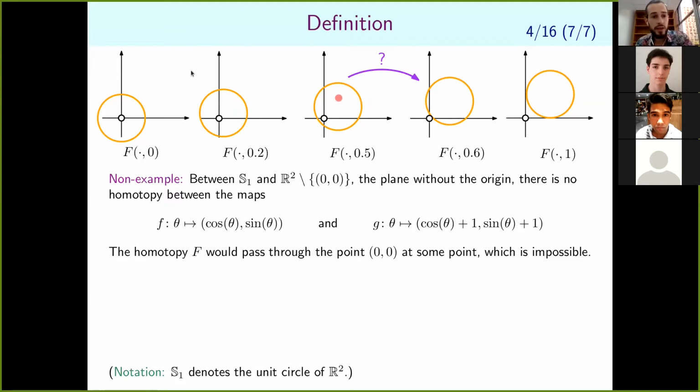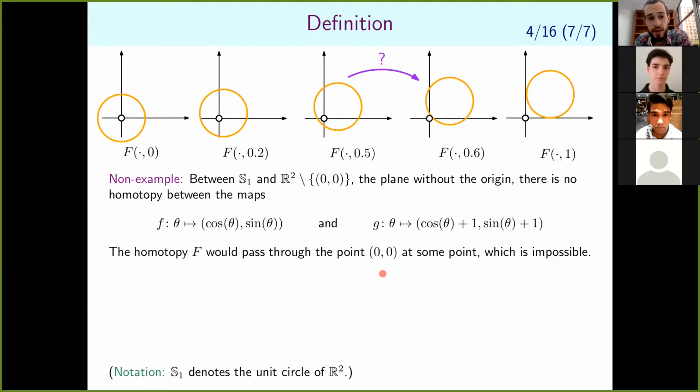For instance, if I consider the space R2 minus the origin, R2 minus the point (0, 0), then I cannot find a homotopy between f and g as before. Because if you wanted to translate the circle to the other one, you would have to go through the origin. But the origin is not a point of our topological space Y. We removed the origin.